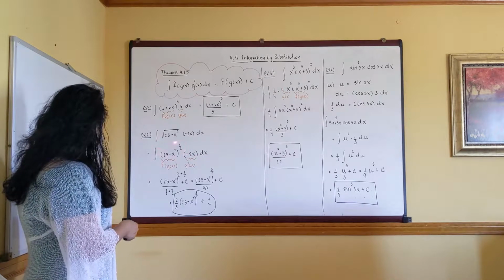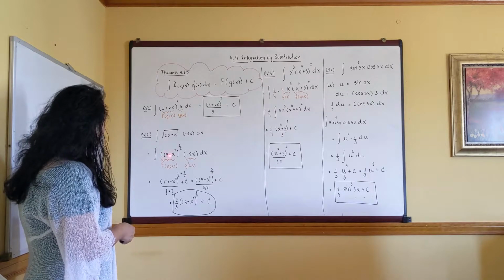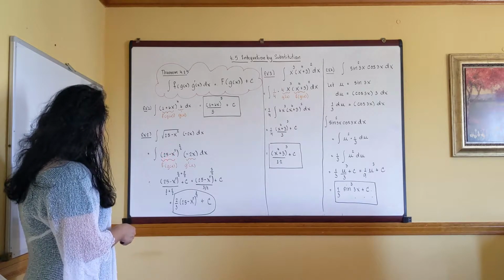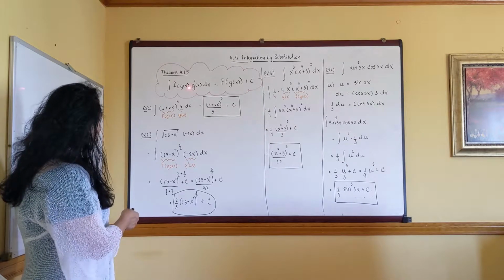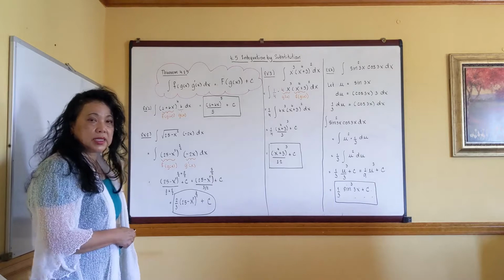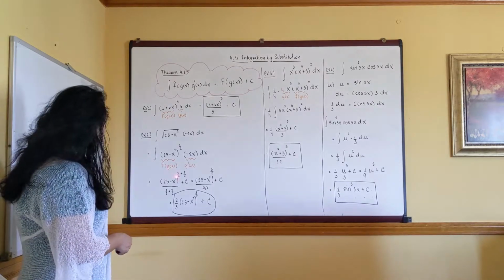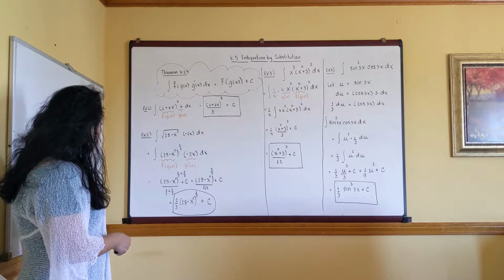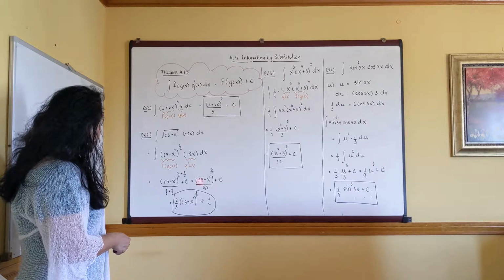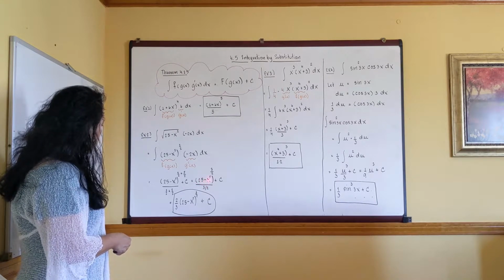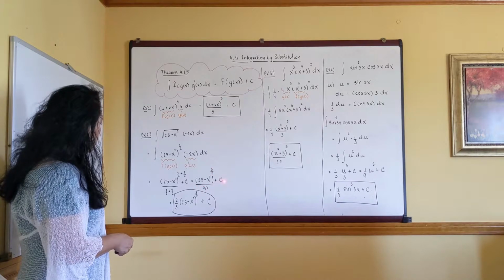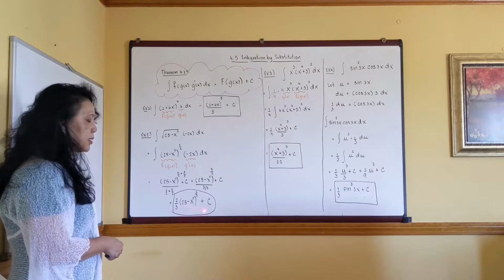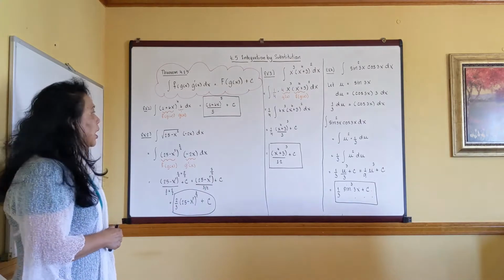So this is a function, and the derivative inside is just negative 2x. So it fits the formula perfectly. So I can just take the integral. I add 1 to the exponent, and then I get negative (25 minus x squared) raised to 3/2 over 3/2, plus C. And I rewrite this. So this is my answer.